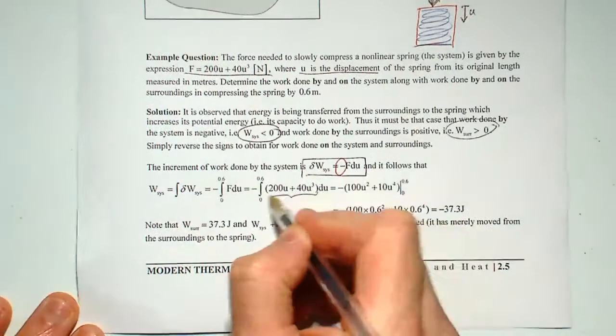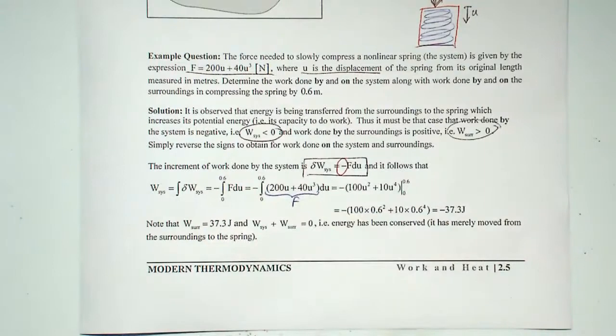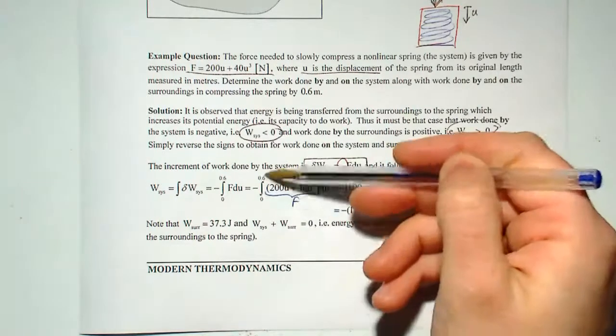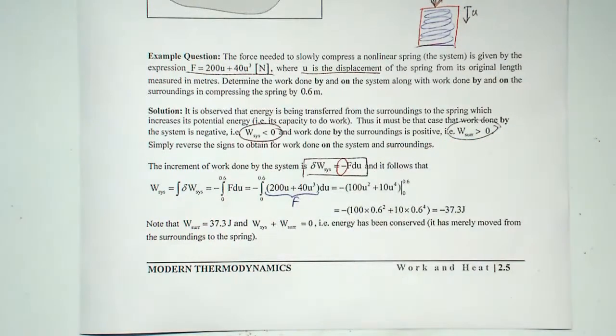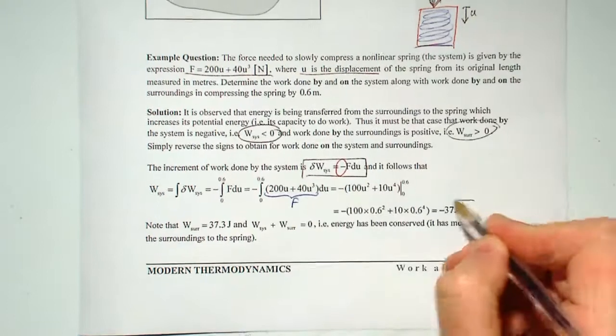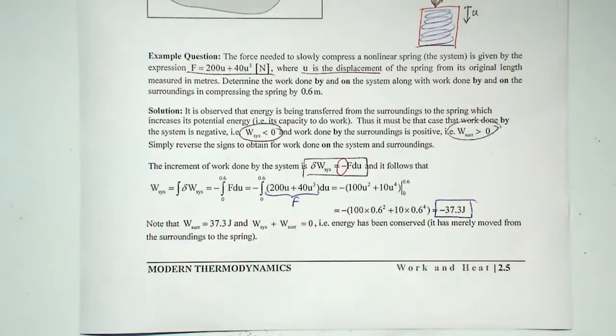So that is F. And of course the limits on the integration are from 0 to 0.6, because you start with 0 displacement at time 0, or time 1 if you like, and at the end of the process your displacement is 0.6. Once you do the integration, you end up with this equation, and then you put the limits in there, and you get minus 37.3 joules, and that's how much work is done by the system.